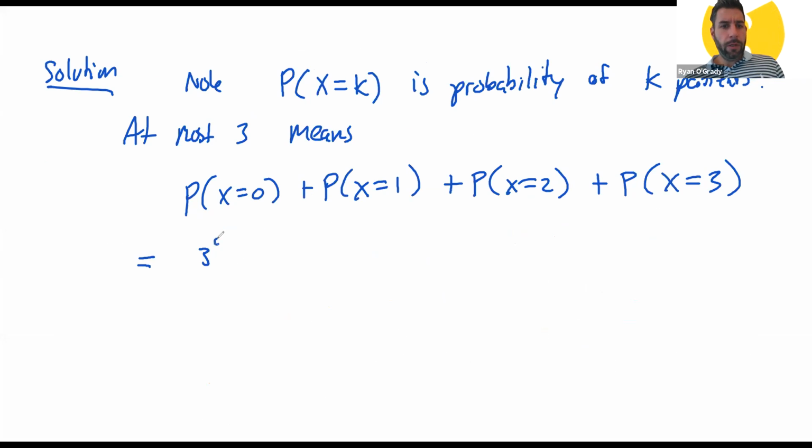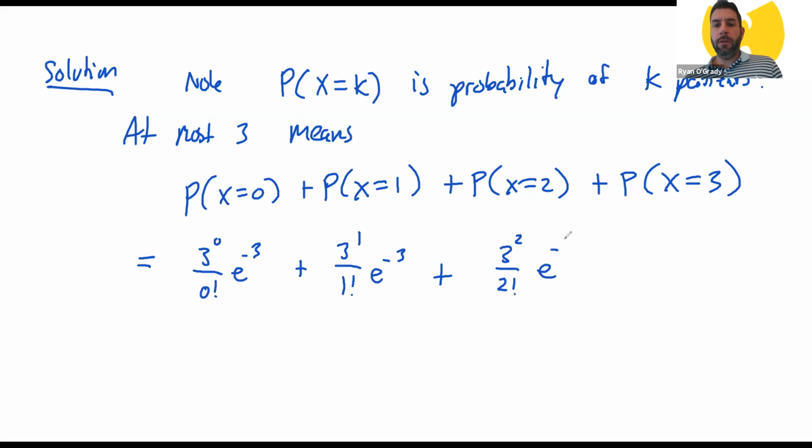So this would be 3 to the 0 over 0 factorial times e to the negative 3, plus 3 to the power 1 over 1 factorial times e to the negative 3, plus 3 squared over 2 factorial times e to the negative 3, plus 3 cubed over 3 factorial times e to the negative 3.